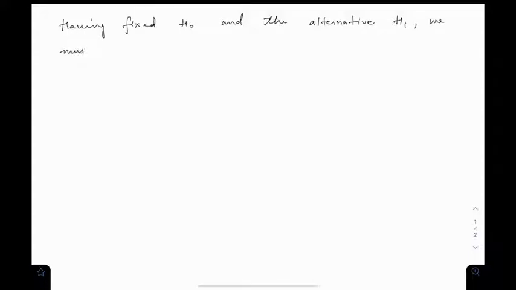After we fix the null hypothesis and the alternative, we must choose a test statistic. This is just a function of the sample values.